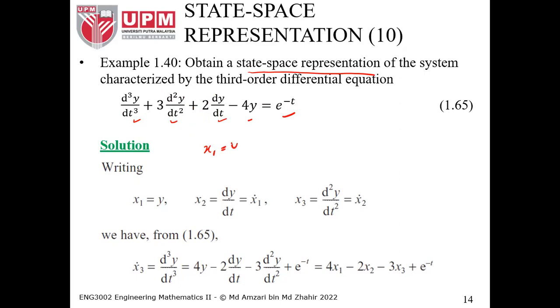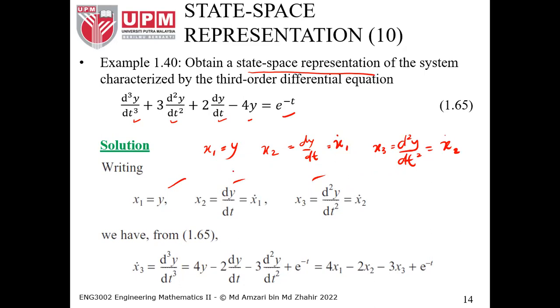So x1 is y. Then x2 is automatically the differentiation of y, so dy over dt, which we call x dot 1. Then the third one, x3, equals the double differentiation d squared y over dt squared, which we call x dot 2. So you have these three main terms.